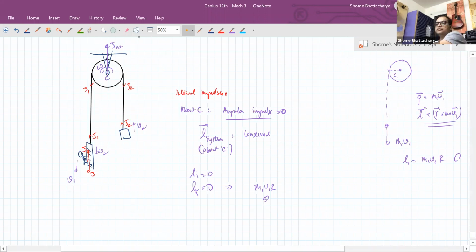My mistake. So we should have clockwise angular momentum. Clockwise. Okay.